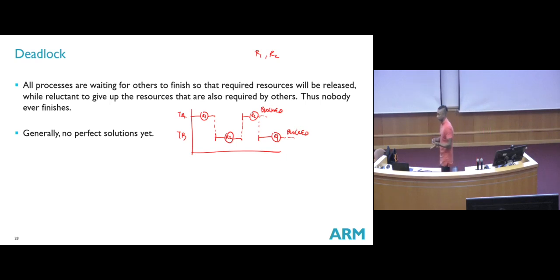Now, how can I solve this? There are many ideas out there, but it's actually a very, very simple solution. The simple solution is, if I have multiple resources, I just ensure that I acquire the resources in the same order.